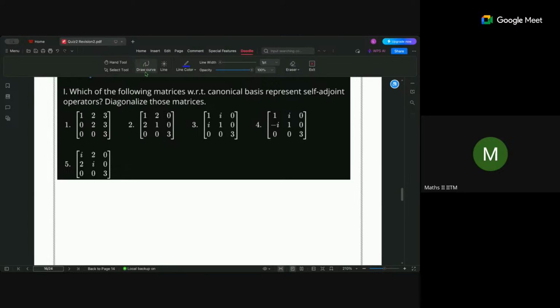You choose one. So we have already done this in class, for those who have attended, but we did not do the diagonalizing those matrices part. So first of all, you need to check which one is self-adjoint. That means you need to check, what is it that you need to check? Check if A hash is equal to A. Not A hash, Hermitian, A^H is equal to A. If A^H is equal to A, then find eigenvalues.